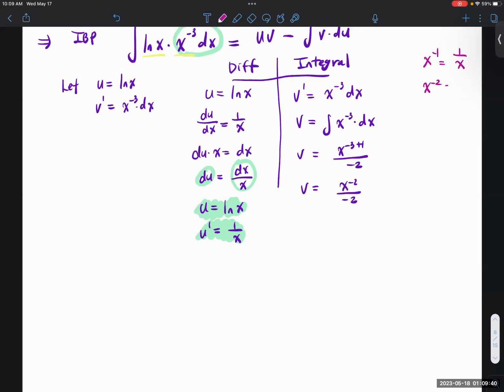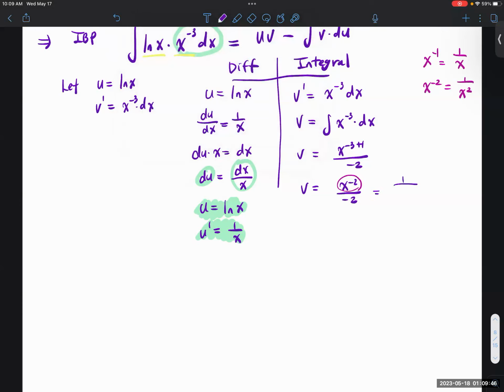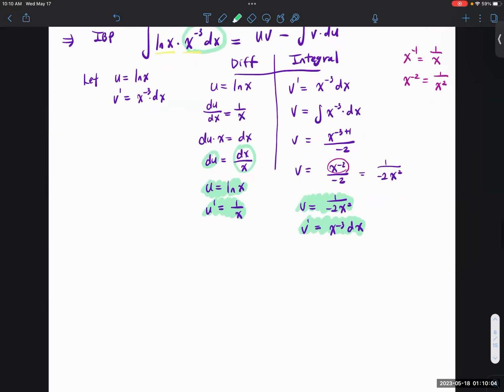X to the negative 2, everybody knows, is 1 over x squared. So I can flip this: 1 over negative 2, x squared. So we have v equal to negative 1 over 2x squared. V prime was x to the negative 3 dx. Now we have all four important pieces of information. So therefore, we can finalize it.